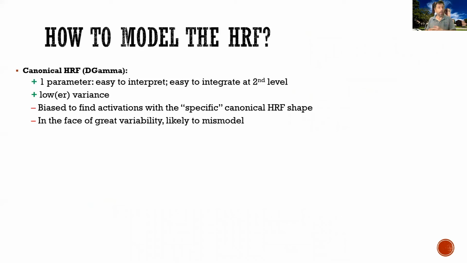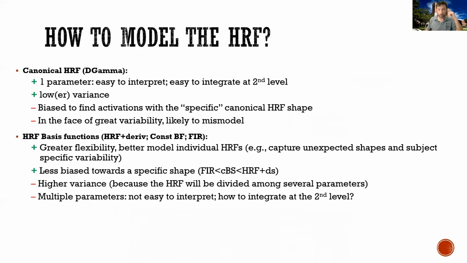Now, in terms of the basis functions approach, so again, the HRF plus derivatives, the constrained basis functions, or perhaps the finite impulse response, obviously the positive is that it gives you much greater flexibility in better adapting the estimation to one particular patient's HRF. And it gives it the ability to vary and to capture that variation. So you can capture unexpected shapes, something that just doesn't look like the canonical HRF.